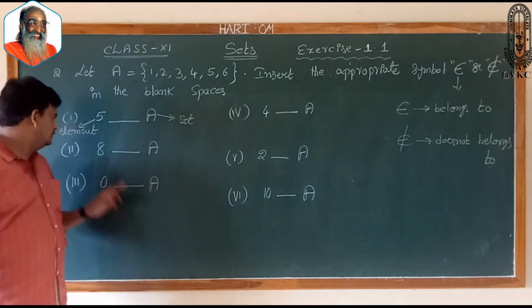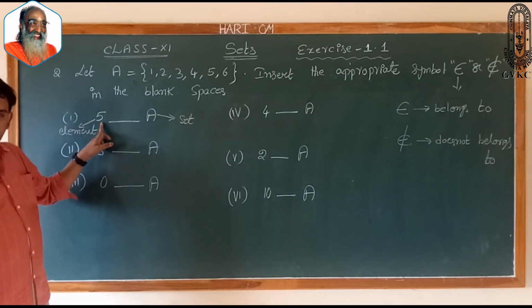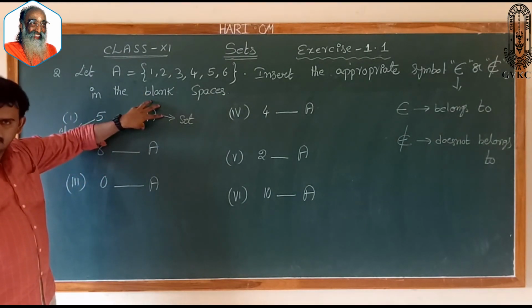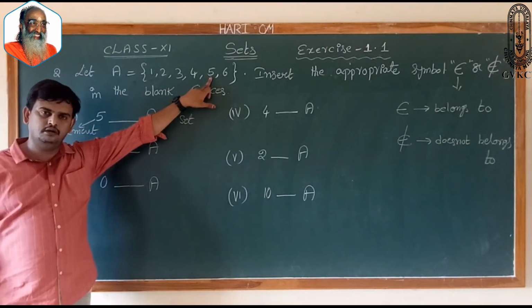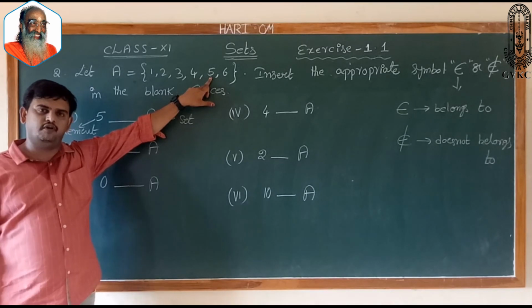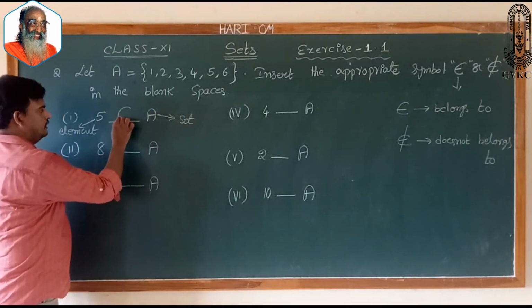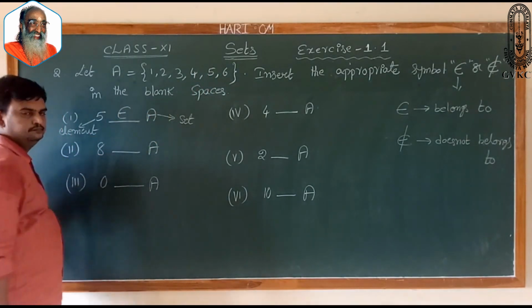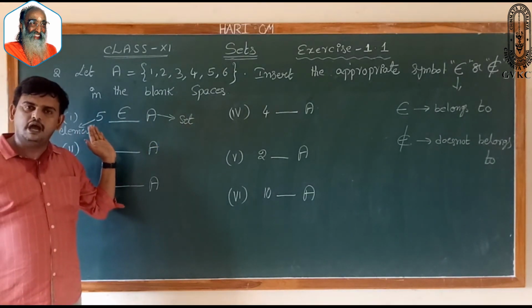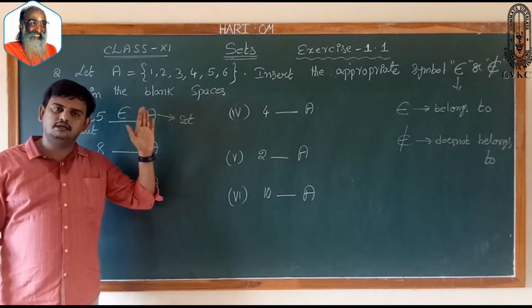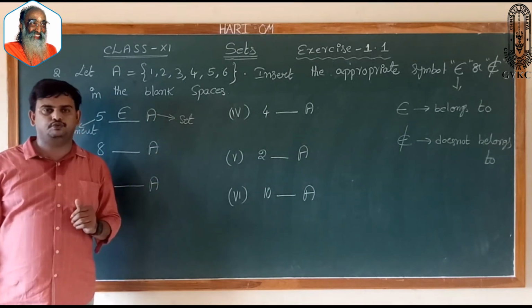We have to observe whether element 5 is in set A. Observe set A. Do we have the element 5? Yes, we have it. So we can write belongs to. 5 belongs to A means 5 is an element in the set A. That is the meaning of belongs to.